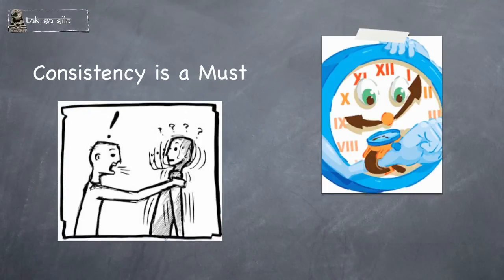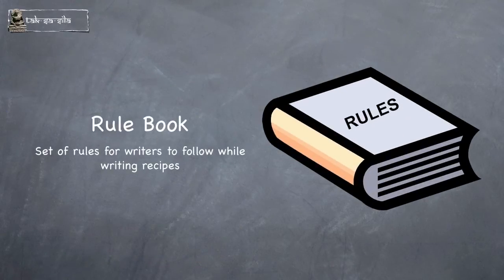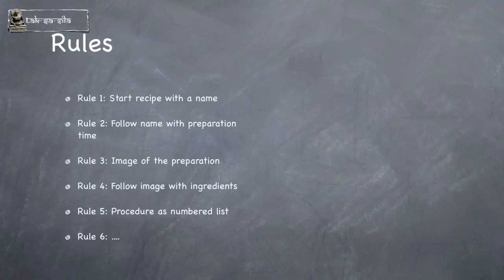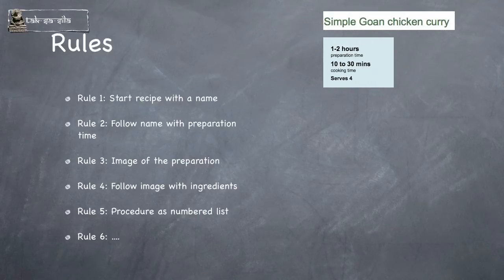So what do you do? Well, you can create something called a rule book. It will contain a set of rules that the writers will follow while authoring the recipes. Here are some of the rules that you can include in the book. Rule number 1. Every recipe will start with the name of the preparation. Rule number 2. The name will be immediately followed by preparation time and cooking time for the recipe. Rule number 3.